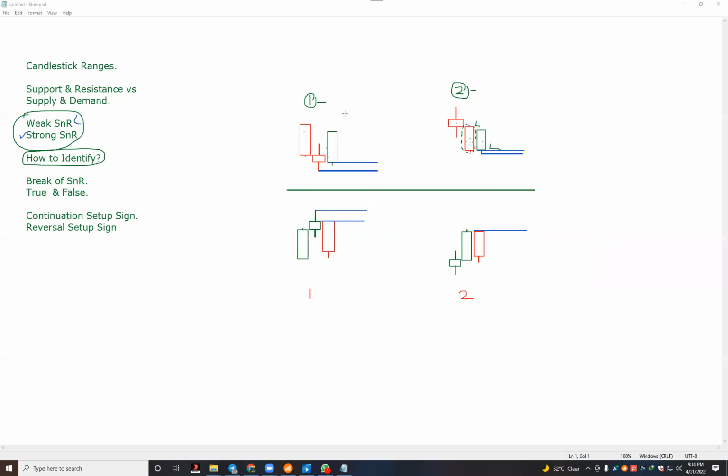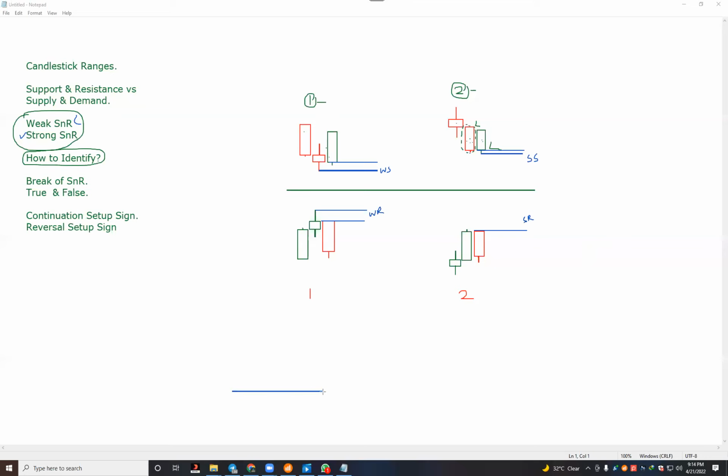So can I write WS for weak support, SS for strong support, WR for weak resistance, and SR for strong resistance? So we are using a few letters instead of words. Okay, this point is clear. Now the next point.